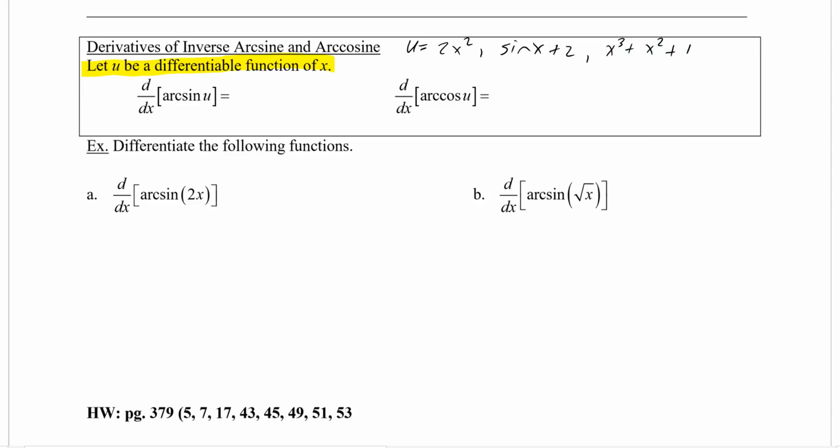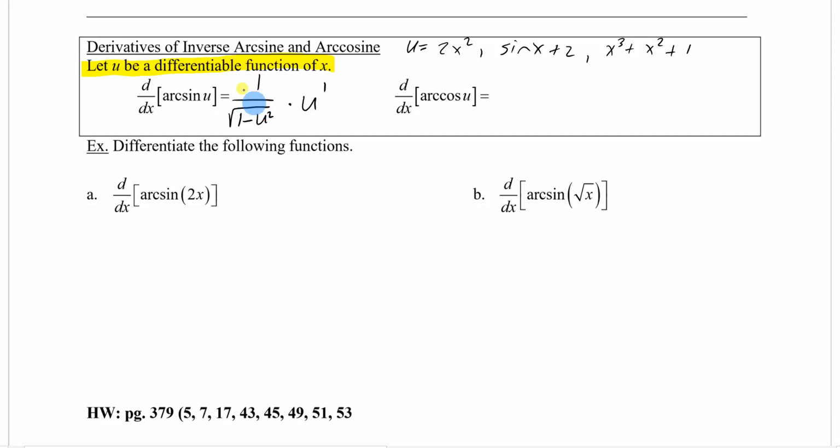So u can be anything. The derivative rule for inverse sine u would be 1 over the square root of 1 minus u squared times u prime. So that is the derivative of inverse sine u.